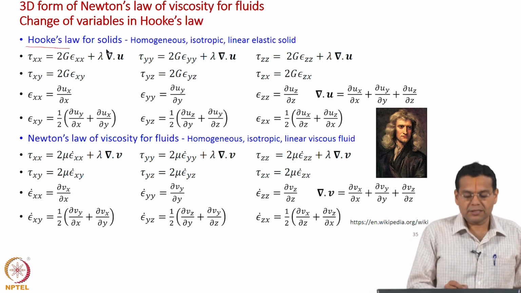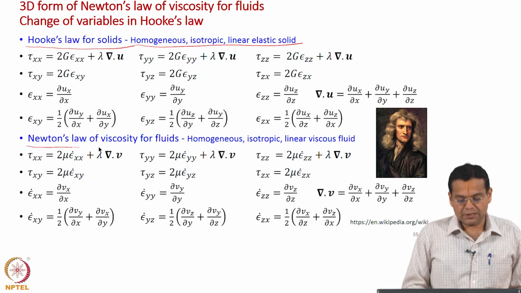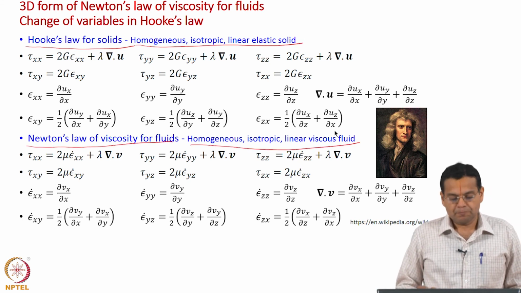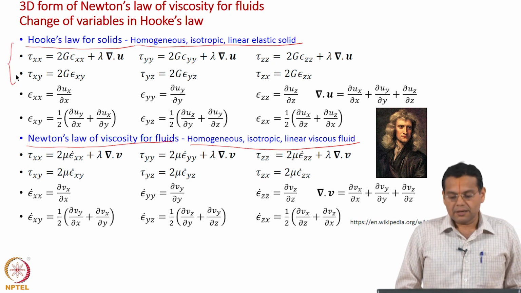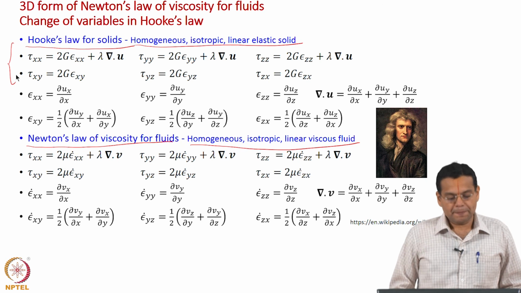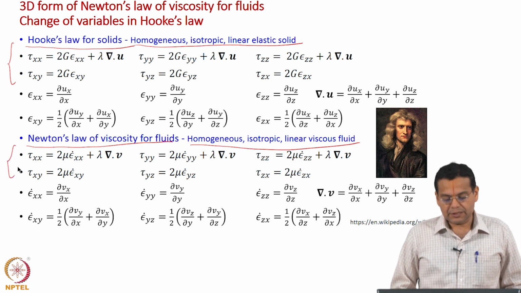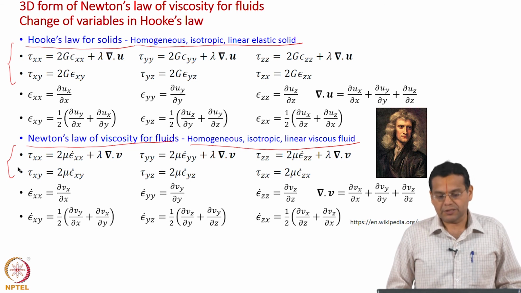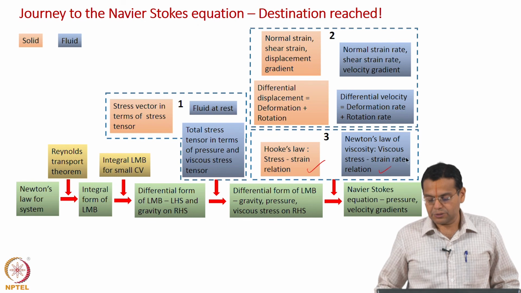Hooke's law of solids, assumptions, and Newton's law of viscosity and the assumptions here. And these 6 equations represent Hooke's law. By change of variables we obtain 6 equations representing Newton's law of viscosity, and at that point we had completed these two blocks.